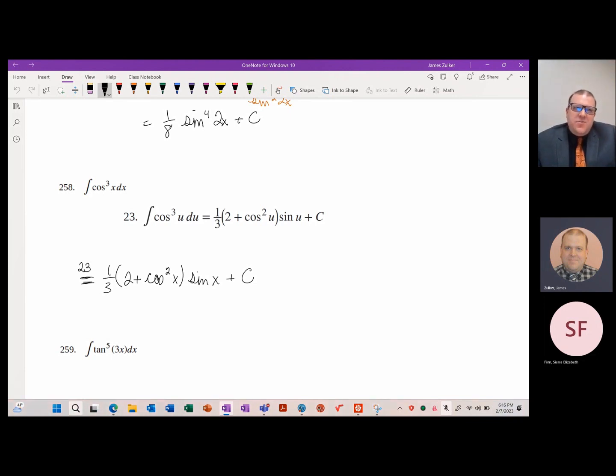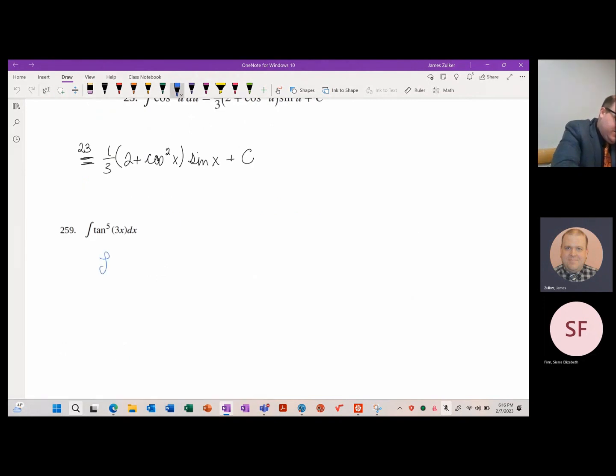Tangent to the fifth of 3x. Well, right away, we should see that that 3x is going to be a problem. I'm going to use one of my favorite Greek letters here.